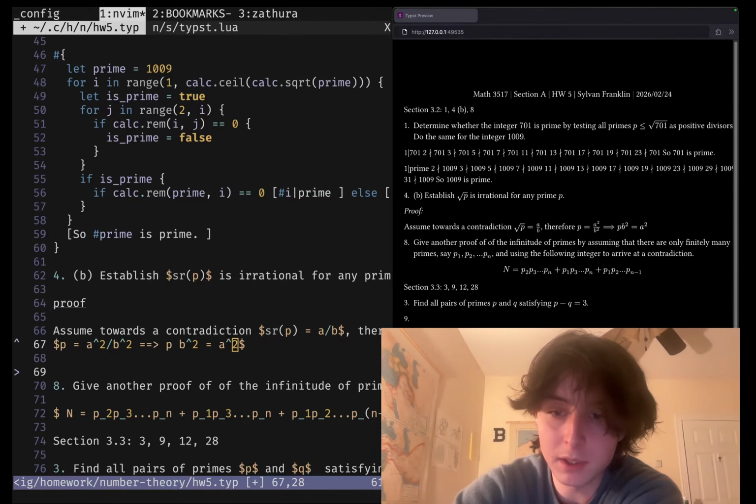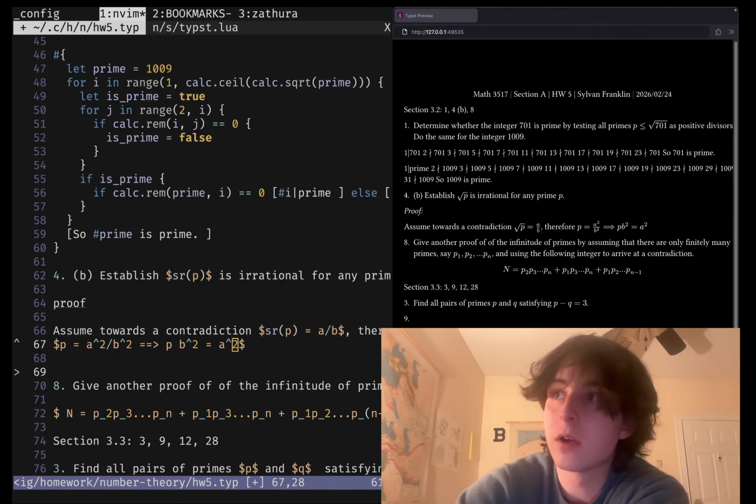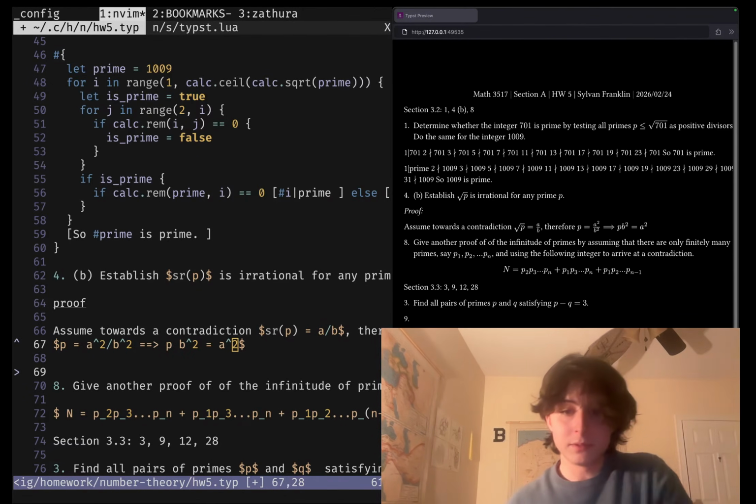But then a and b have a common factor, which is a contradiction. For the other contradiction, you know one of the primes on the left-hand side has an odd power, because b squared is a perfect square, so all its prime powers are even, now you're slapping on another prime. Gotcha.